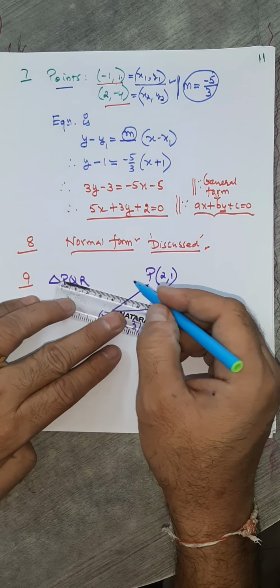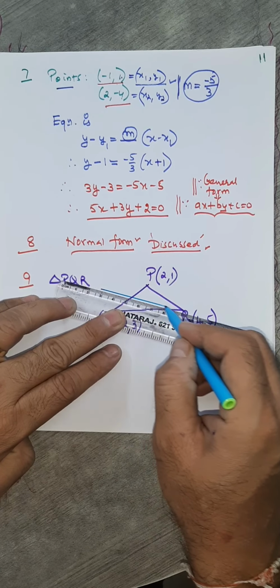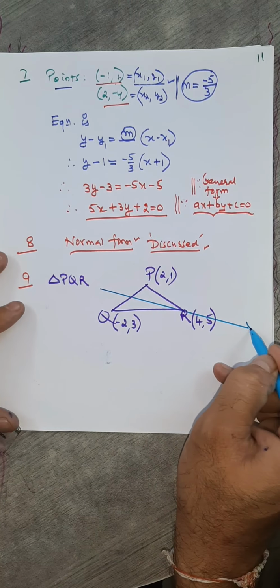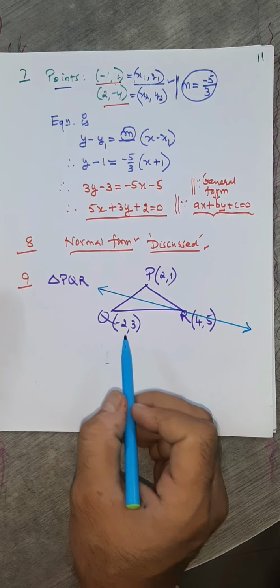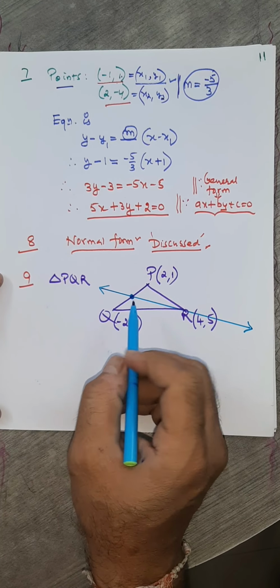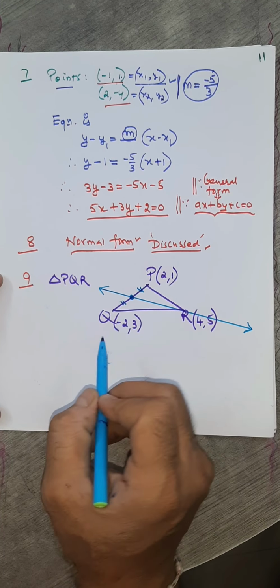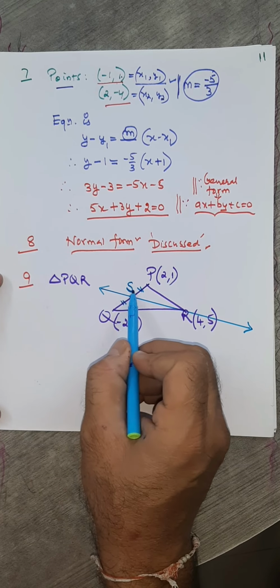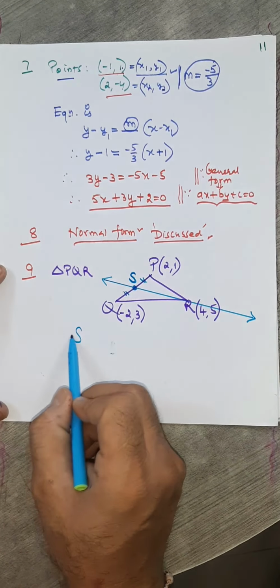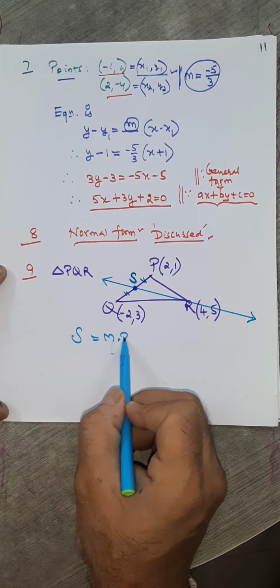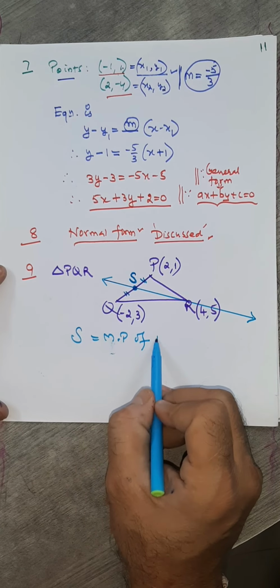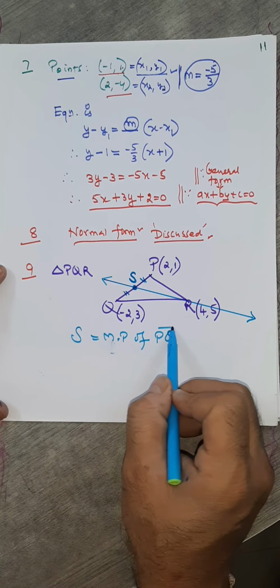So you want this equation. This is just a rough diagram for your information. We want this. Now when we use the word median, it is understood that this is a midpoint. I'll call this point S. So what is S here? S is nothing but the midpoint of line segment PQ. Got it?